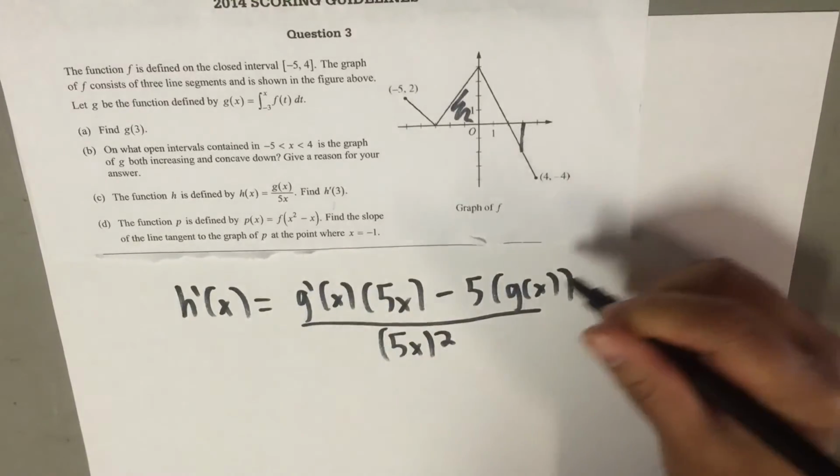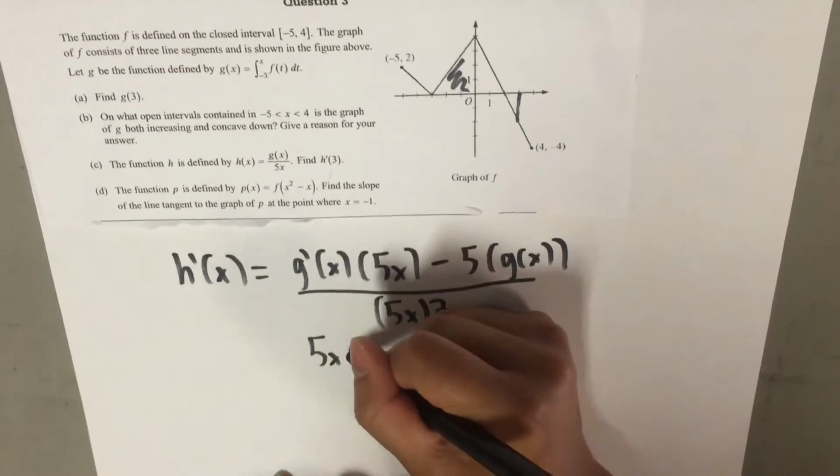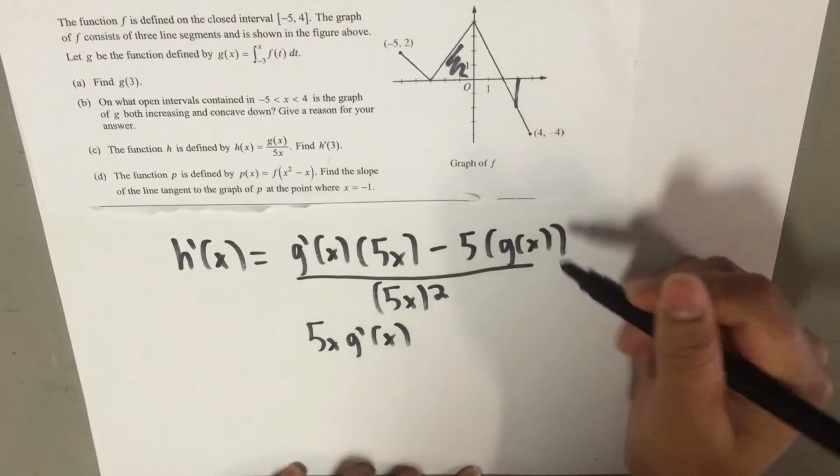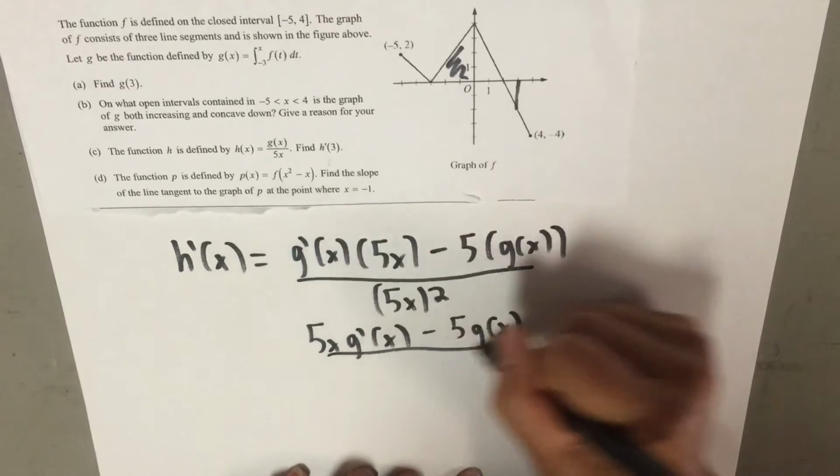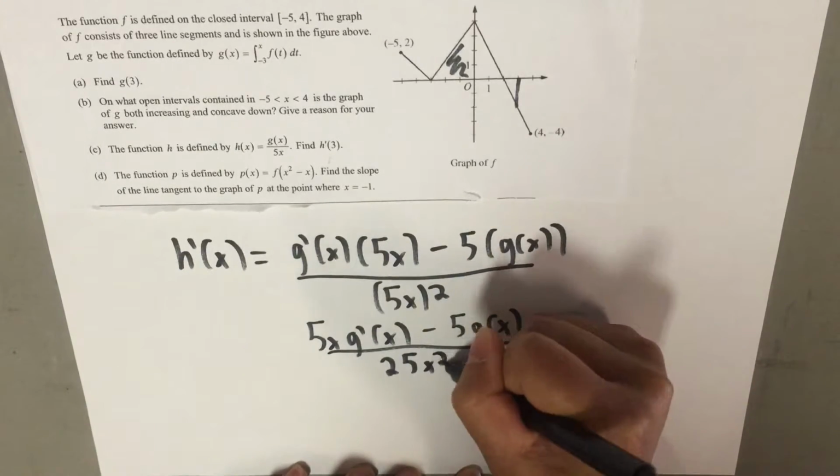And that simplifies to 5x g prime of x minus 5 g of x over 25x squared.